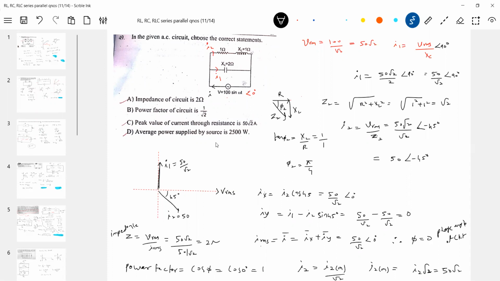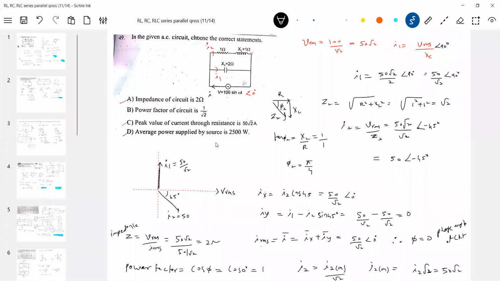So do we know the current across the resistor? Or shall we do one thing, total current? Can we directly go for I2 square R? Or, the average power supplied by the source is what is asked, so should I write V into I?